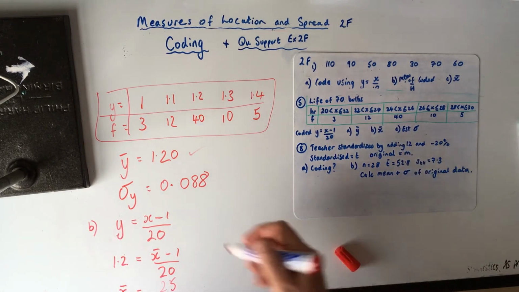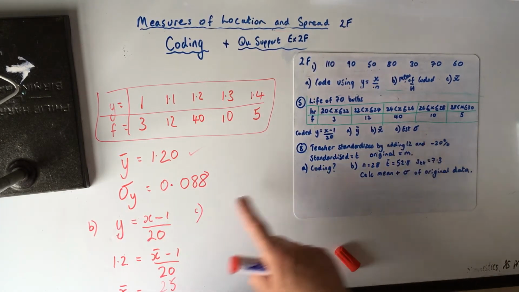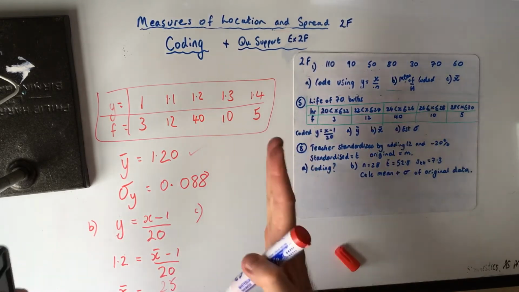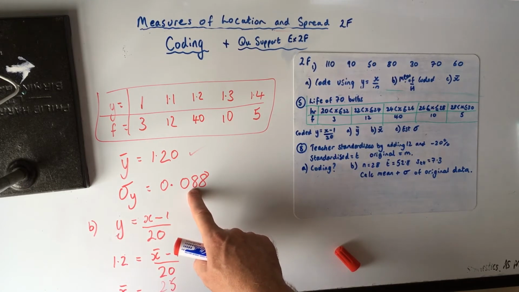Okay, and part C, an estimate for the standard deviation. Now we wrote the standard deviation. Remember, moving it up or down doesn't affect it, but this divided by 20 affects the standard deviation. So all we've got to do is times that by 20.